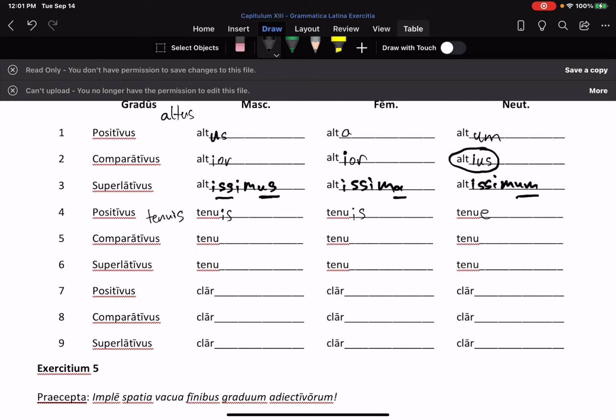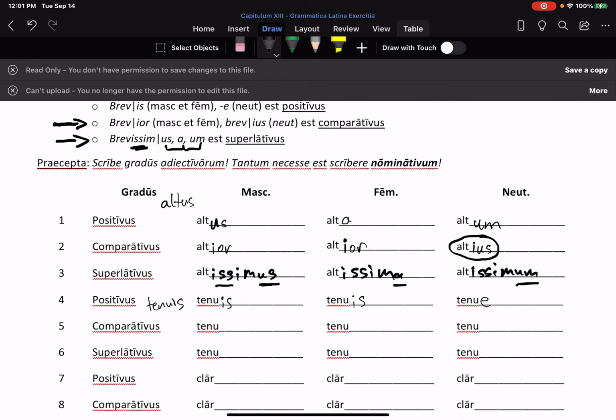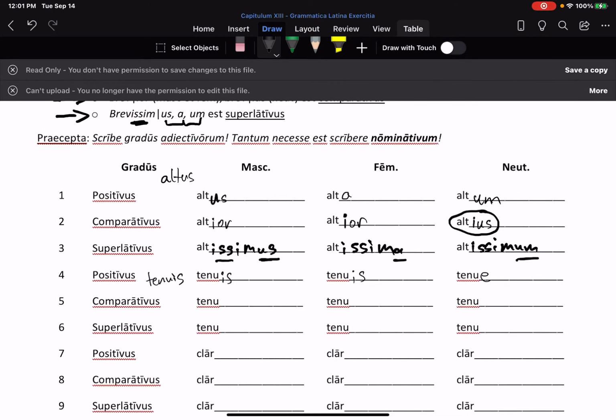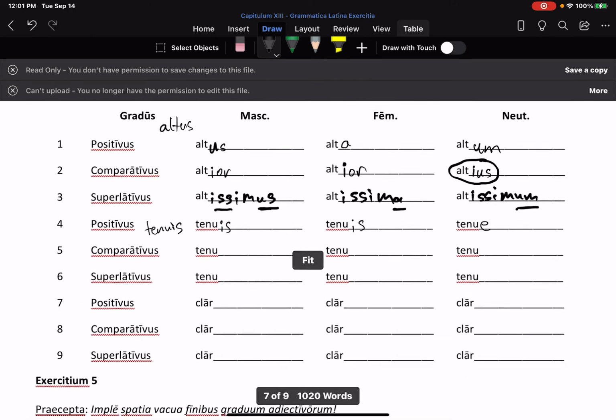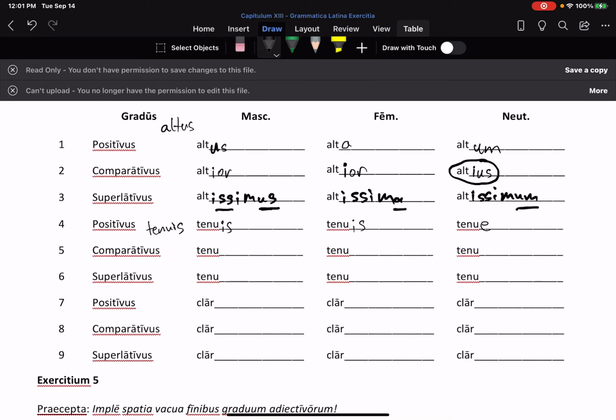Oftentimes the neuter third declension ending is going to be an E, short E. That's something to learn. It's a little tricky at times to remember that the neuter form in the nominative has that E ending. You'll see that in the chart at the back of the book.